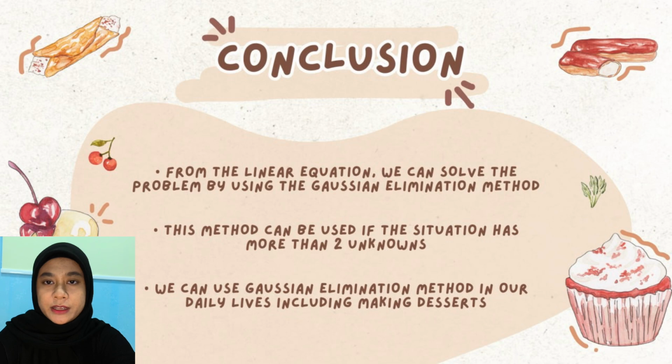Beyond theoretical applications, Gaussian elimination's versatility extends to everyday life, including tasks as simple as making desserts. For instance, when managing multiple recipes that share common ingredients, setting up a system of equations can help determine the exact amounts needed, optimizing resources and minimizing waste.